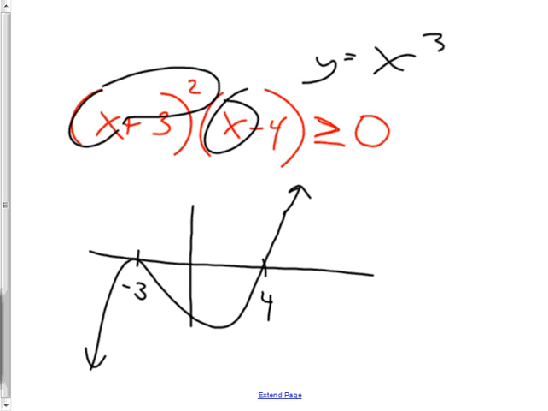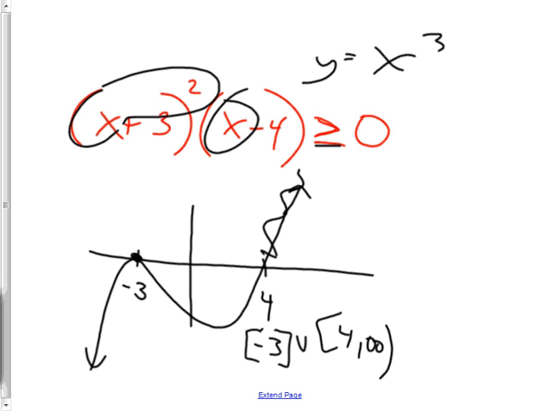Everybody says, oh yeah, it's positive there from 4 to infinity, and then they just change this to a bracket 4 to infinity. But what would they be forgetting when they do that? That all of a sudden this one works, and then -3 is in the answer, and I recommend you put it in brackets, union. Because if you had it in parentheses, you'd be saying -3 is excluded specifically, and that's not what you mean. All right, good.